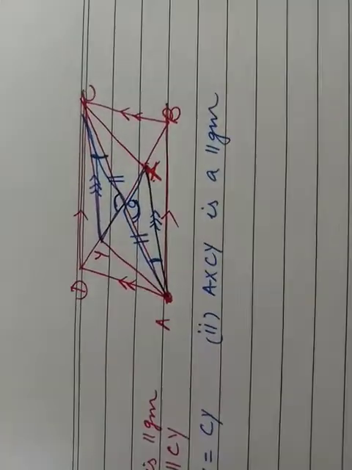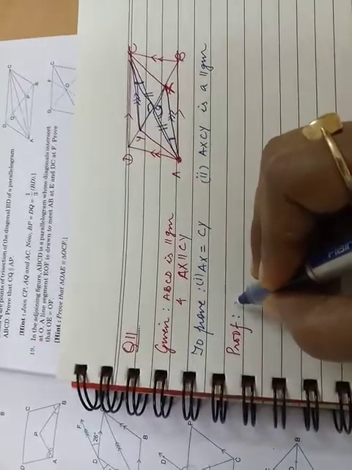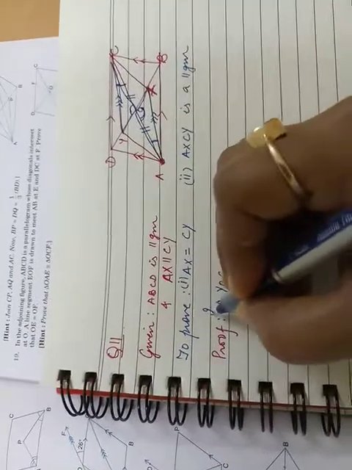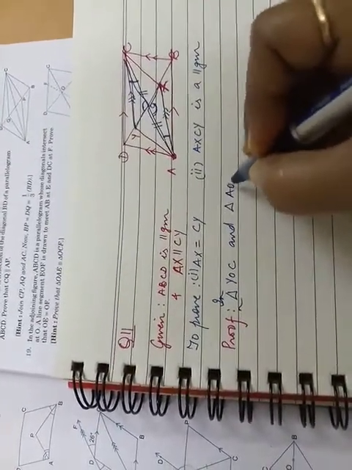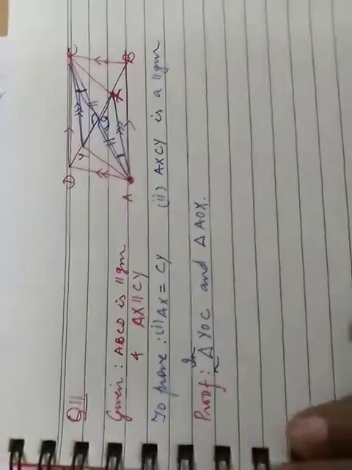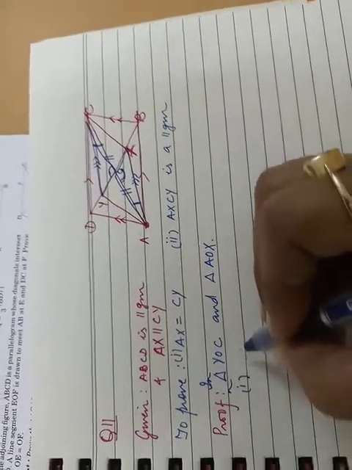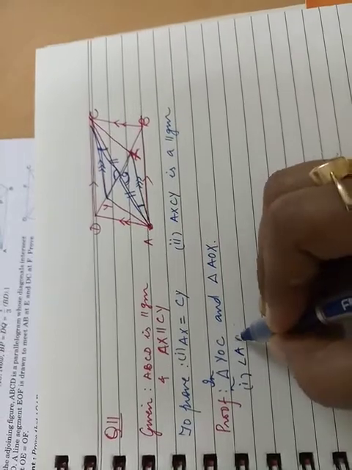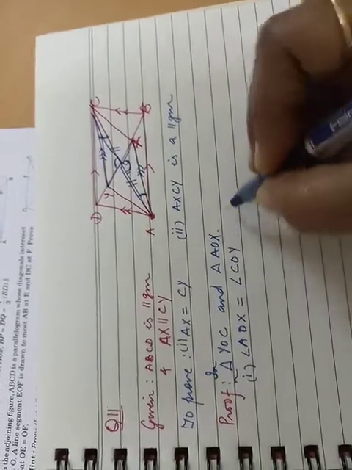Let's see how to write the proof. So, which two triangles am I going to consider? I consider triangle YOC and triangle AOX. What is given? The first condition given is angle AOX is equal to angle COY.